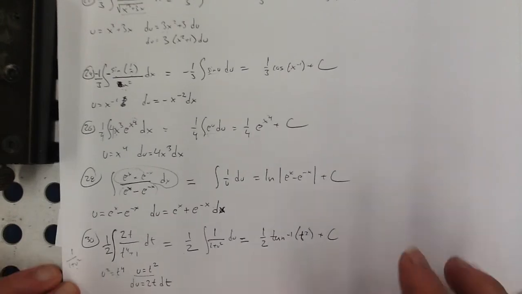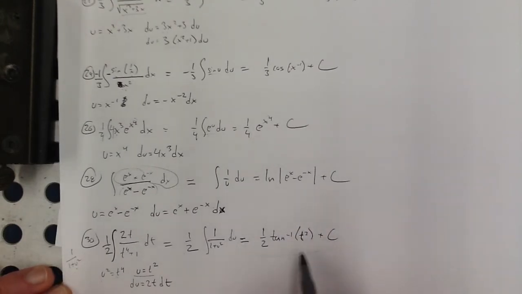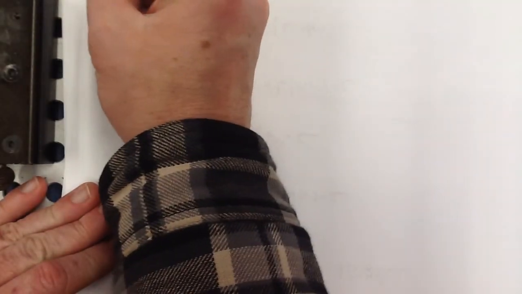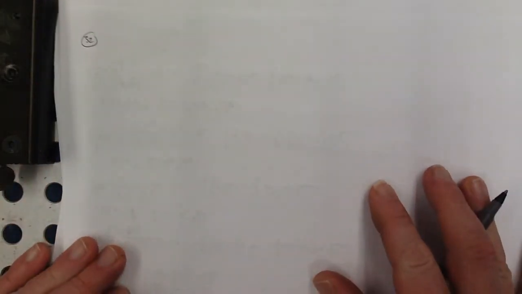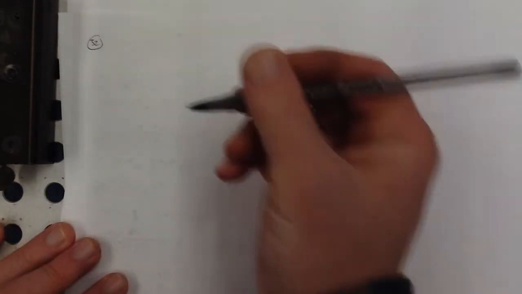I think you can learn something by taking the derivative of this carefully and seeing how it gets back to the original problem, because we know that's what it's got to be. Number 32.